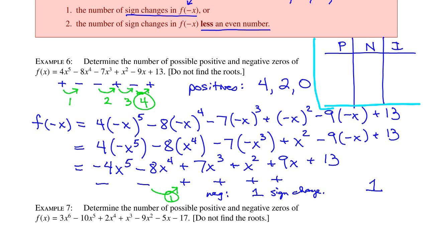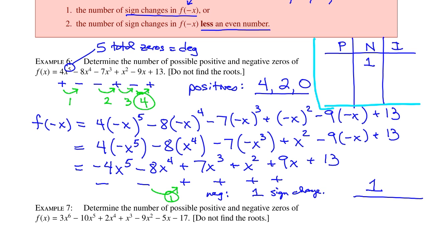Now the thing we have to remember is the total number of roots we're going to have is 5, and it's based on the degree. All right, the degree is 5, so we have 5 total. Now we make all combinations between the positives and the negatives. And we only have one choice for negatives. So I'm going to go ahead and put that one choice down. It's 1.